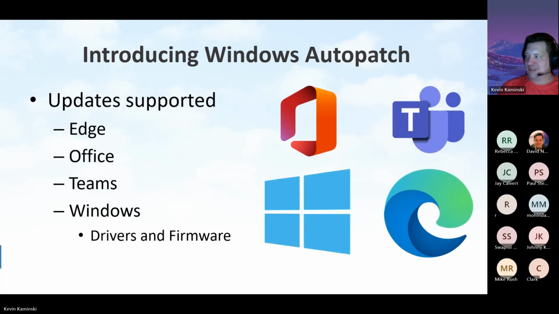So you heard me say a few other products besides Windows, and that's really the advantage of this: being able to provide Windows patching in a very automated fashion, but also support Office, Teams, and Edge.